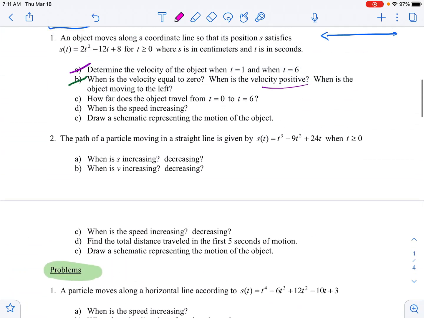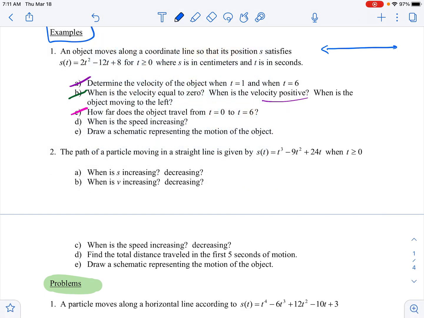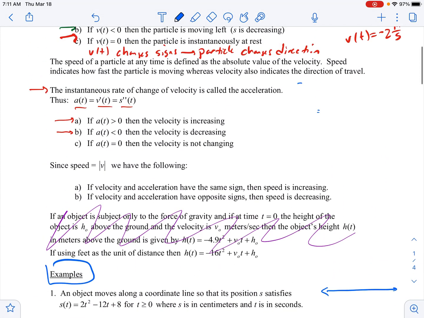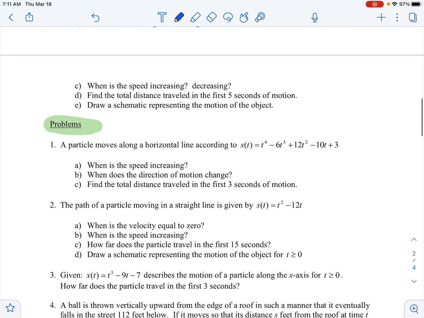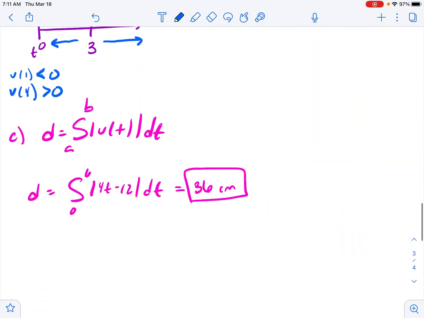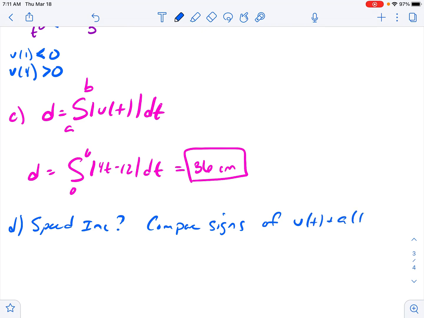And part D, when is speed increasing? Okay, so to determine speed, we have to look at the signs of velocity and acceleration. We're going to compare the signs of velocity and acceleration.